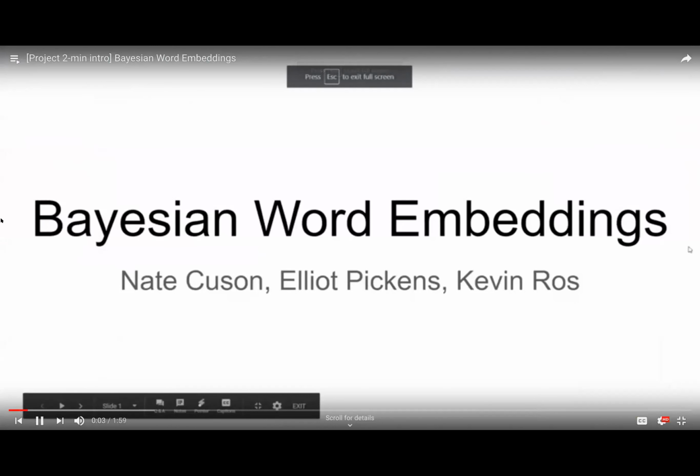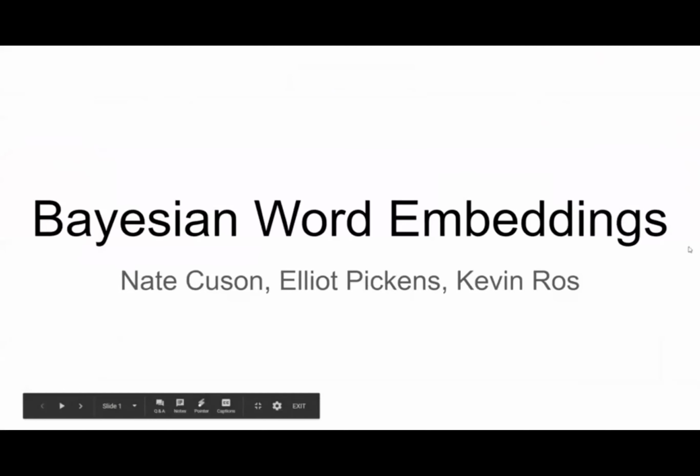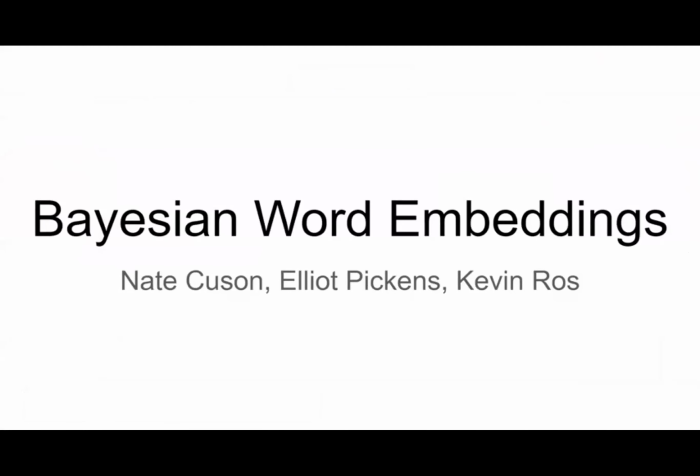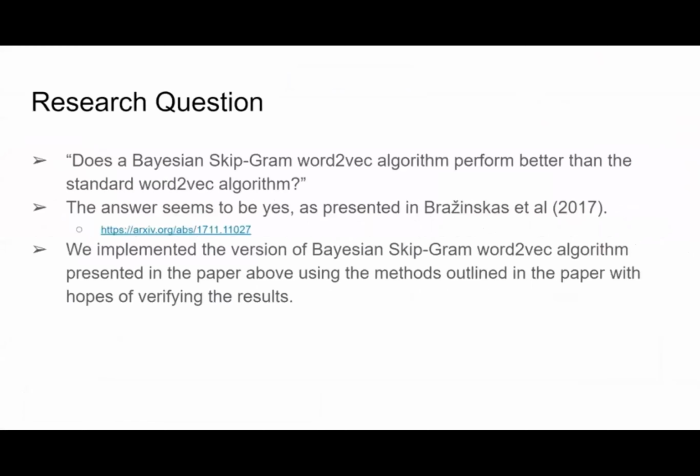Hello everyone, this is a natural language processing group, and for our project, we decided to investigate Bayesian word embeddings. Our research question was comparing the Bayesian skip-gram version of Word2Vec with the standard Word2Vec algorithm and analyzing the results. According to the results presented in Bražinskas et al., the Bayesian skip-gram seems to have an advantage over the standard Word2Vec algorithm.